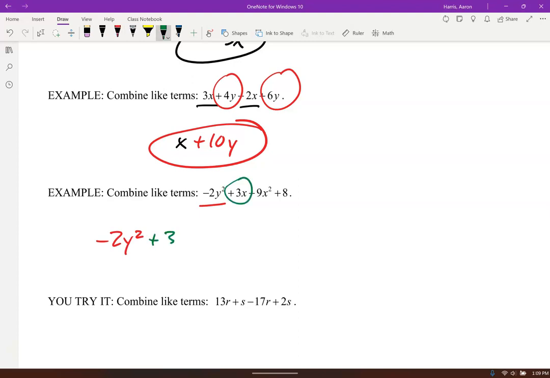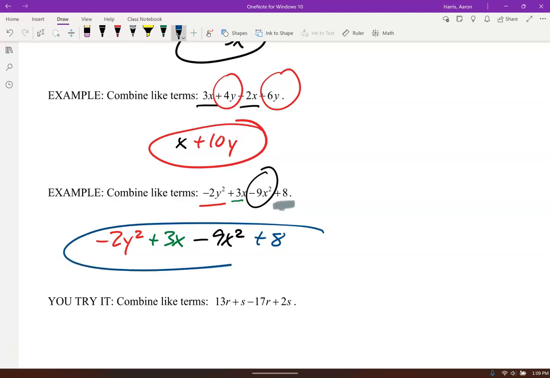No, there's not. And then it looks like that's a minus 9x squared. There's no other x squareds. And finally, there's no constants either. So it's just a plus 8 on the end.